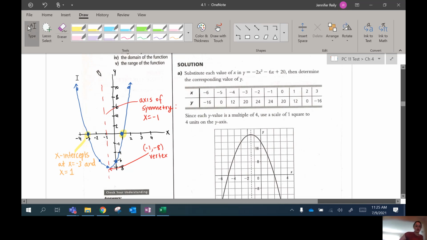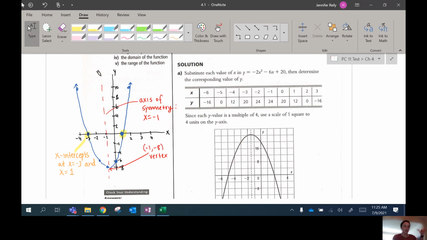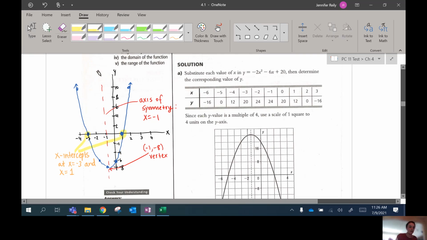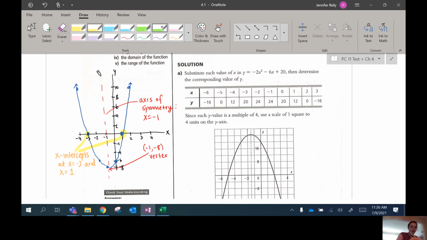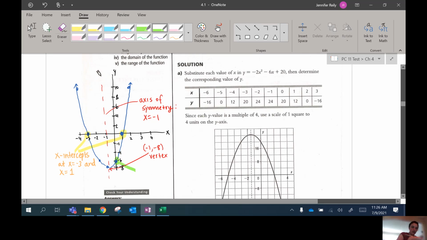Not all parabolas have x-intercepts, because sometimes the graph is above the x-axis, but this particular graph does have 2 x-intercepts. And there is a y-intercept as well, right here. So lots to label. That's where the graph hits the y-axis, and that happens at y equals -6.